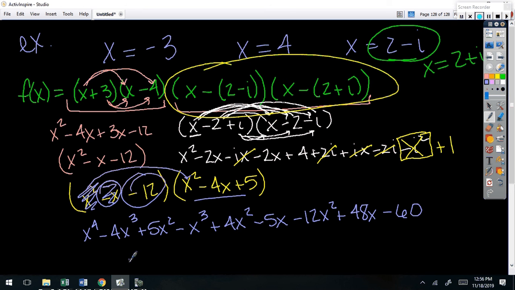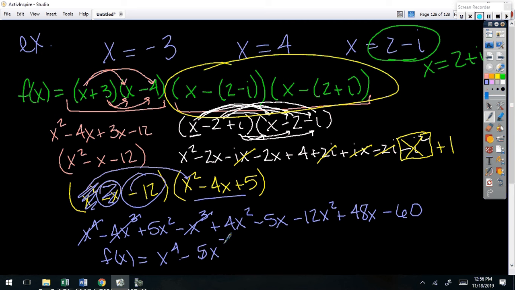Okay, so now clean it up. Put your like terms together. Well, x to the 4th is going to stay. So x to the 4th, minus 4x cubed minus 1x cubed would be negative 5x cubed.